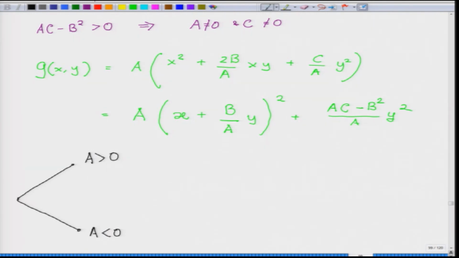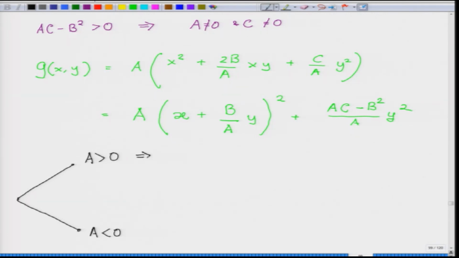So, if ac minus b square is strictly bigger than 0, then there are two cases. One is a strictly greater than 0, or a strictly less than 0.